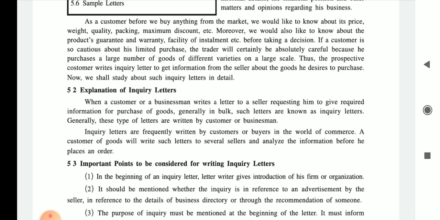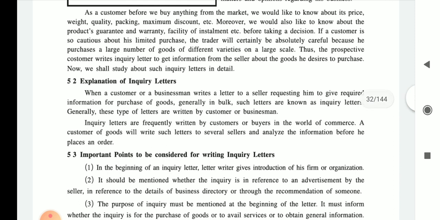See, these are the basic pieces of information: price, weight, quality, packing, maximum discount. But then you will also get other information, like what the product guarantee is, what the warranty is, and whether the facility of installment is available or not. This type of information is very important for taking a decision.